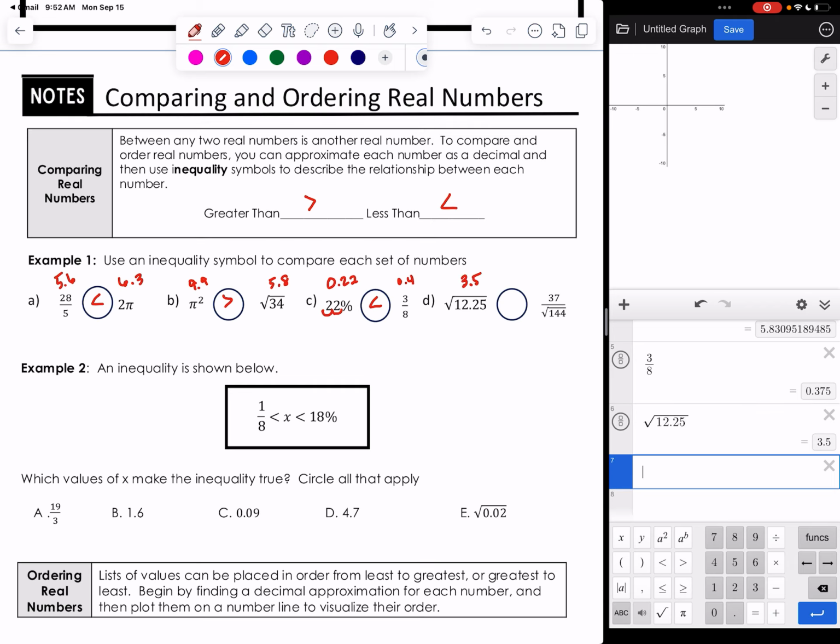And then we have 37 divided by square root 144, and that would approximate to, say, 3.1. So what we want to do is decide, is 3.5 greater than 3.1 or is 3.5 less than 3.1? And it is definitely greater. So the square root of 12.25 is greater than 37 over square root 144.